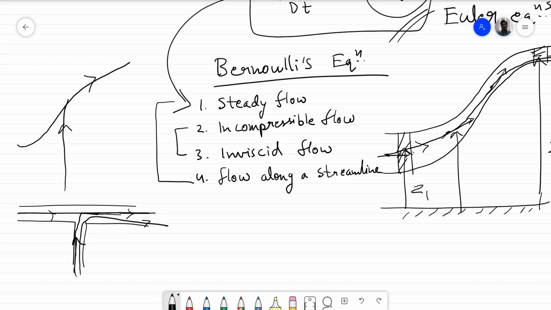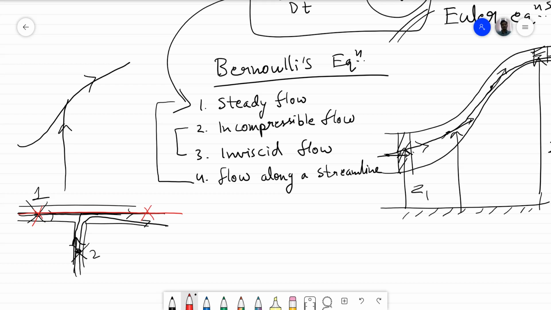Then in this case, if you want to apply Bernoulli's equation between a point here, let's say point number 1, and a point 2 here, you cannot do that. Okay, because this is not a single streamline which you are talking about. You can apply Bernoulli's equation along one of these streamlines, for example a point here and a point here.